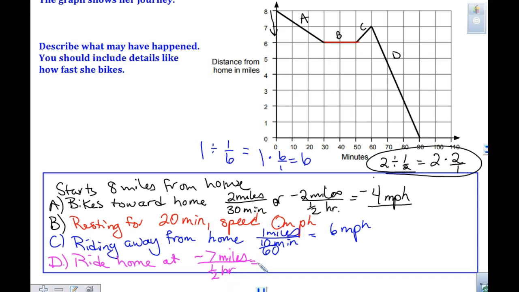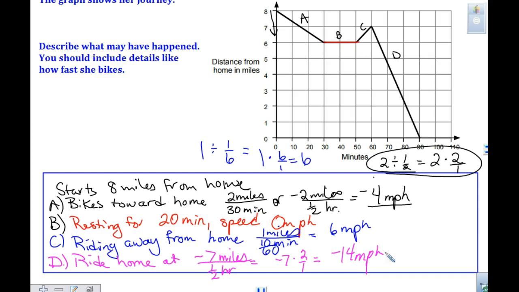Kind of like we did here, we're going to have 7 divided by a half. So that's going to really be negative 7 times 2 over 1, which gives us a negative 14 miles per hour. So all of a sudden she realized she had to be home at a certain time, so she was going much faster than before, at 14 miles an hour.